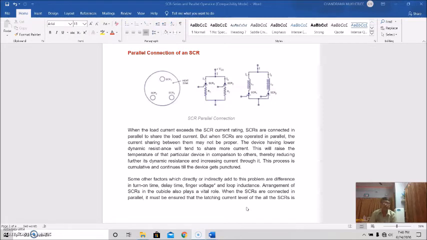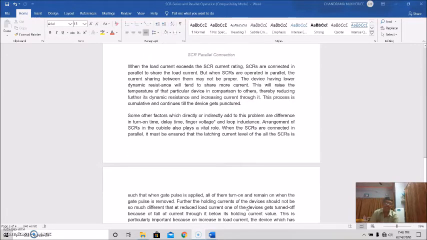That's also important. When SCRs are connected in parallel, it must be ensured that the latching current level of all the SCRs is such that when the gate pulse is applied, all of them turn on and remain on when the gate pulse is removed. Why is it important? Because if the latching current is not the same, then after turn on, when the gate pulse is removed, one may be in the on state and another may come down again to the turn off condition.